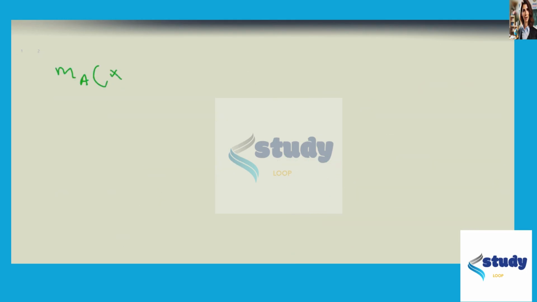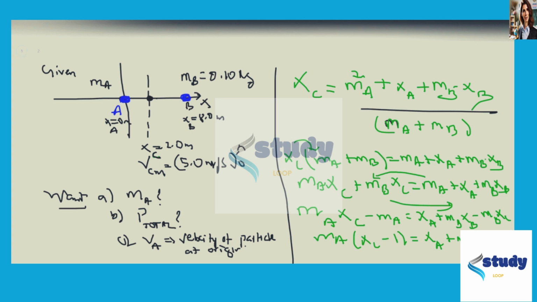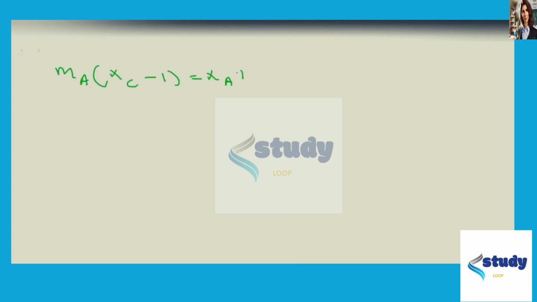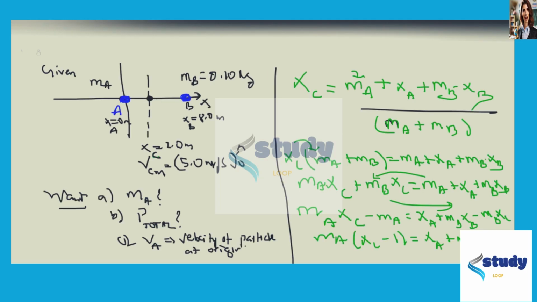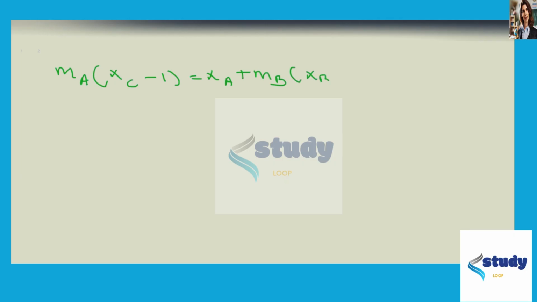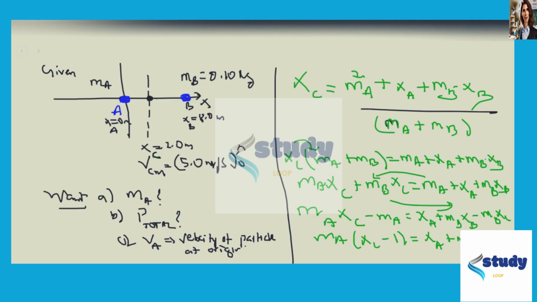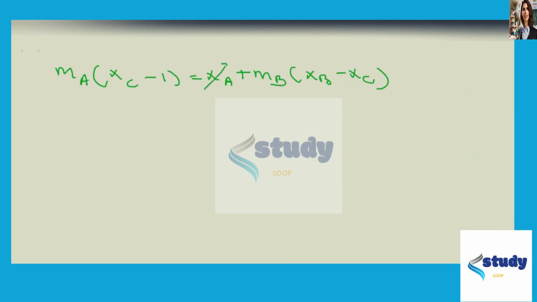Recall that XA is the position at the origin right here, so XA is 0.